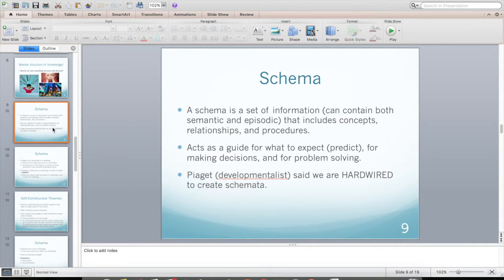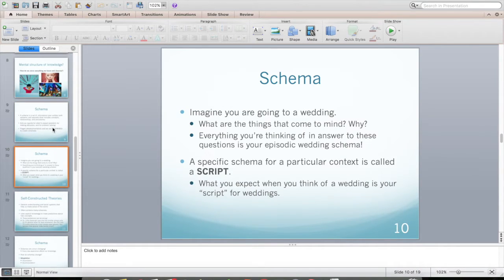The example below is going to be going to a wedding. If I'm going to a wedding, I pull out this box that has all of my information about weddings, all of the weddings that I've been to, all the weddings I've seen on TV, and I create a schema, is what it's called. I create a schema about weddings. Okay, and so I can imagine that the wedding dress would be white.